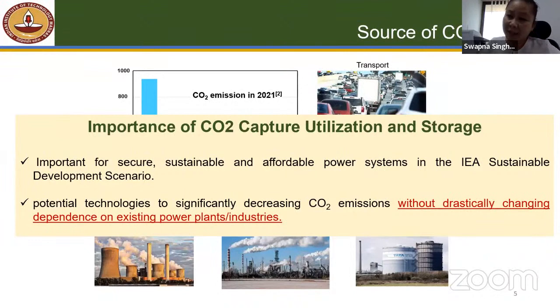So we have to rectify those industries to capture the CO2, and it will be utilized or stored somehow, in a way that reduces the CO2 emission without disturbing the existing power plant industry, because we need the energy, and everything is dependent on energy now. So that's how CCUS comes, which is nothing but CO2 capture, utilization, and storage.